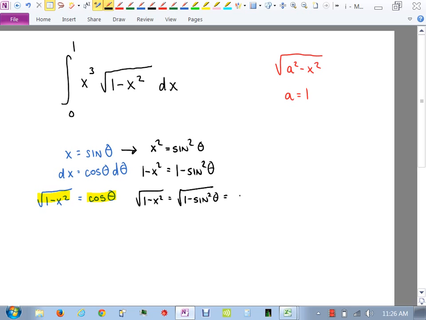But 1 minus sine squared theta is cosine squared theta by the Pythagorean identity. Right? That's the Pythagorean identity? Cosine theta. I failed to mention that maybe. Sometimes some things are more obvious to me than they would be to you. That happens a lot, doesn't it?